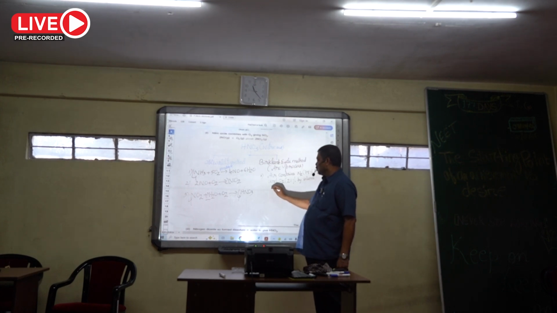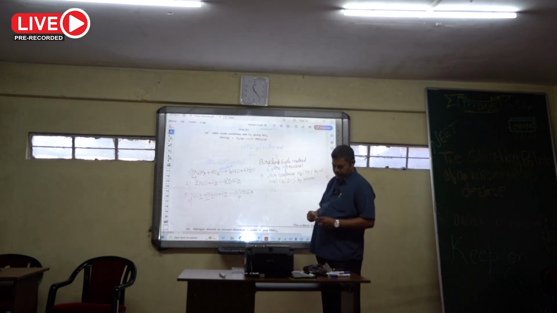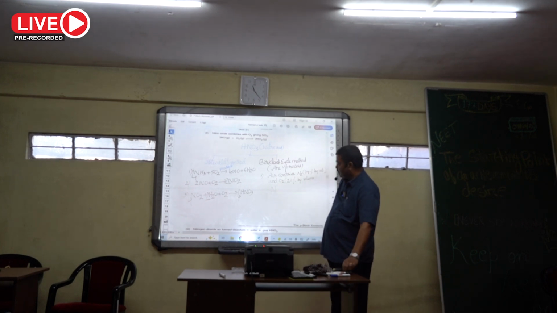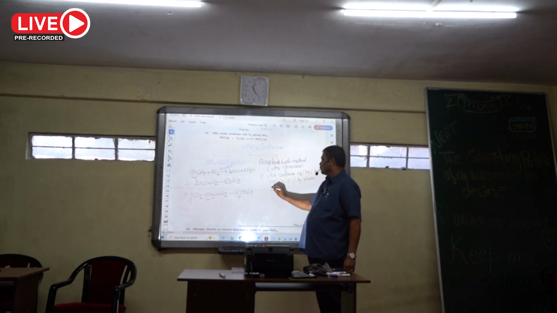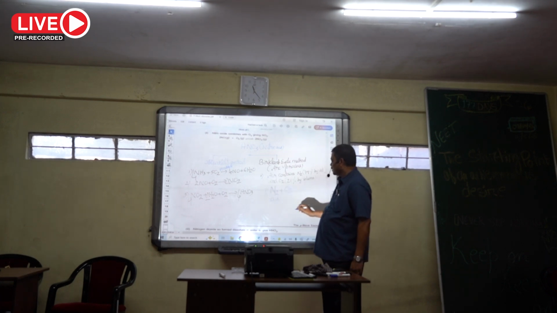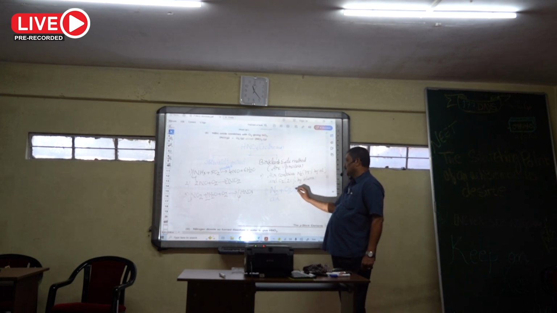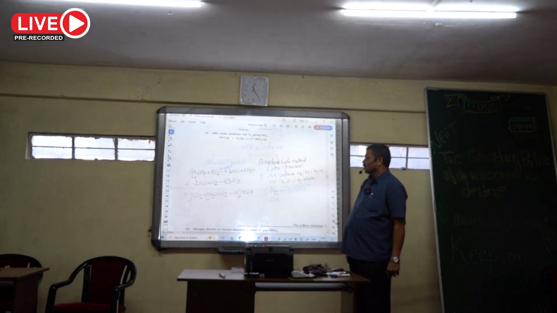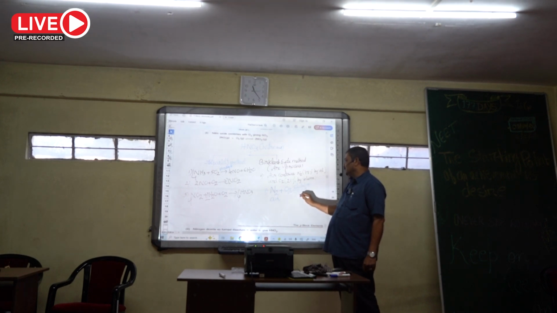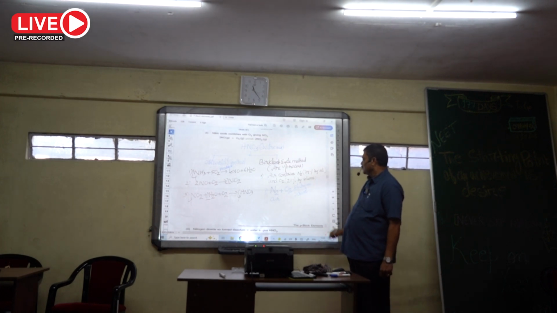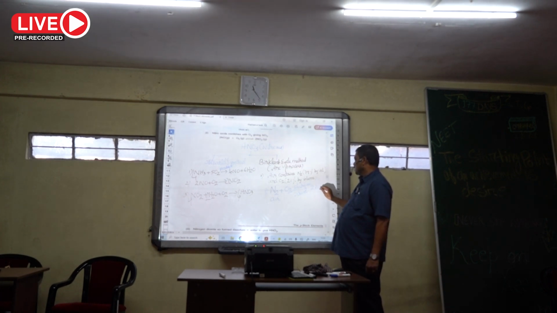That's why this N2 and O2 from the air are subjected to electric arc. And the arc temperatures are more than 3000 degrees centigrade. Then you will get nitric oxide, 2NO.